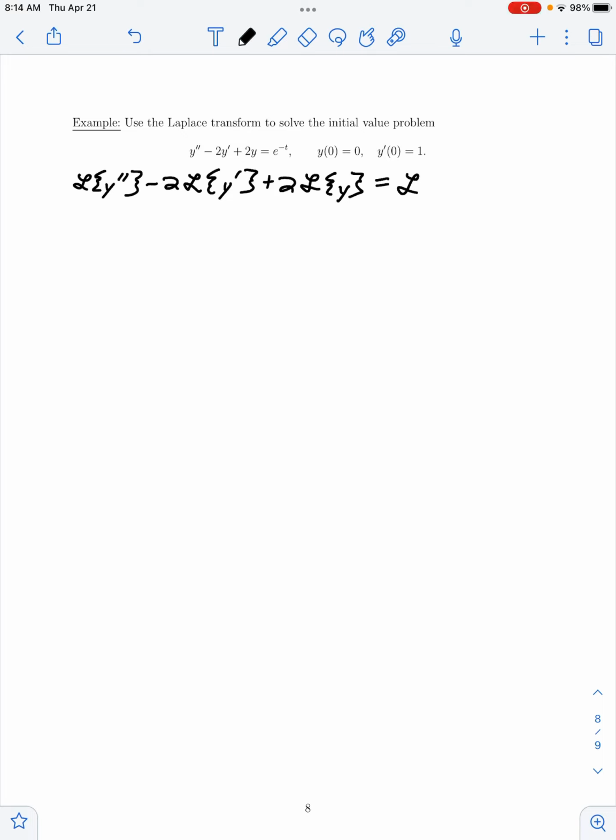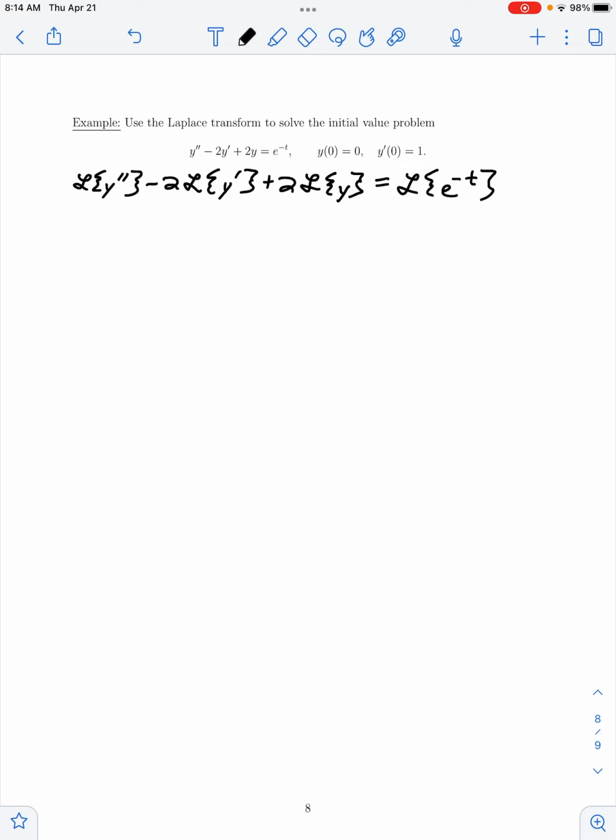And for this one, since I have a non-homogeneous equation, on my right-hand side, I'm taking the transform of e to the negative t. So once I've taken the transform of my equation, let's apply the lifting property to rewrite the transform of my derivatives on the left-hand side.